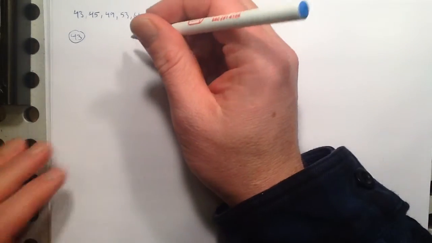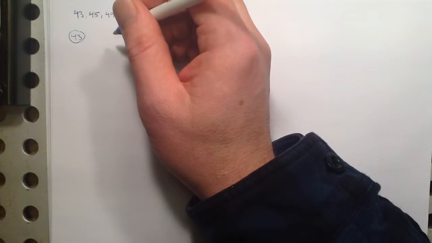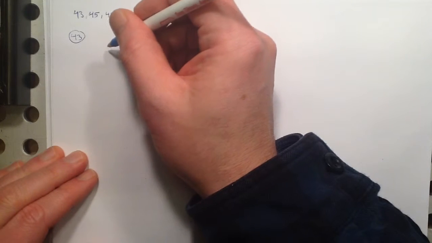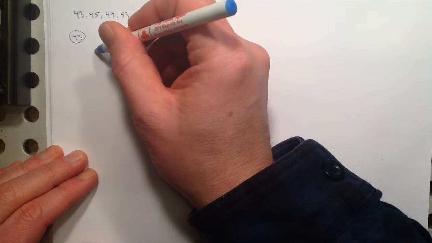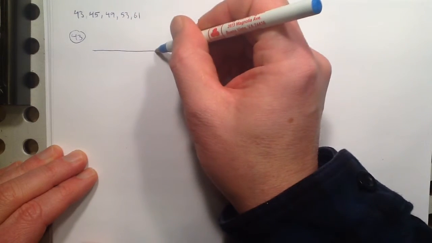Let's start with number 43, working with conservation of angular momentum. In this problem we have two skaters who are going to grab onto a pole.